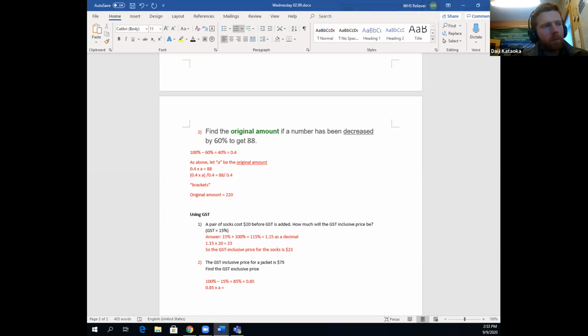Okay, this is the tricky bit, Satomi. Wait, keep going. I don't want to stop you yet, but anyway, keep going. What are we going to do then? Bracket 0.85 times A, we divide.